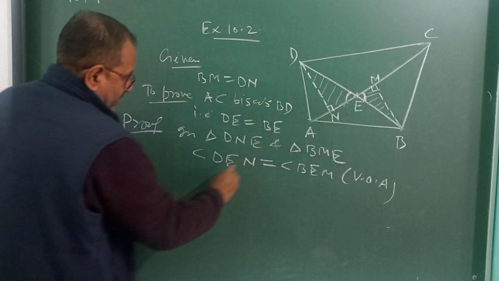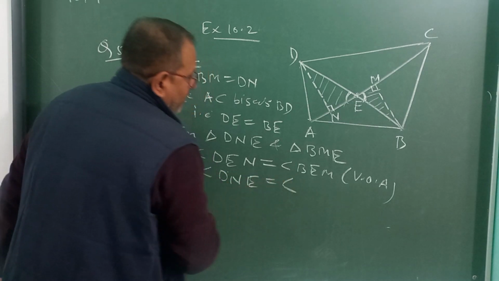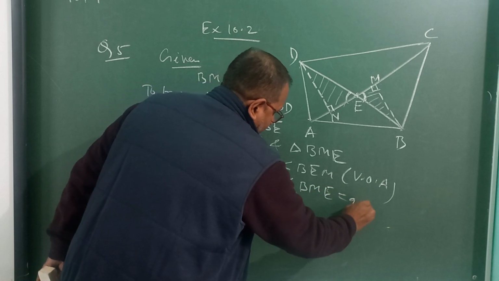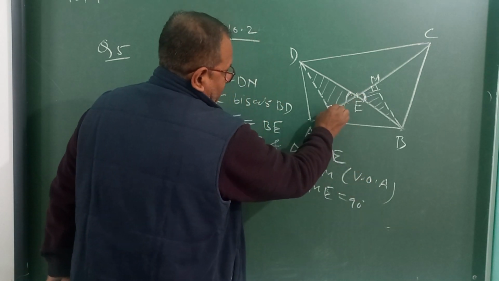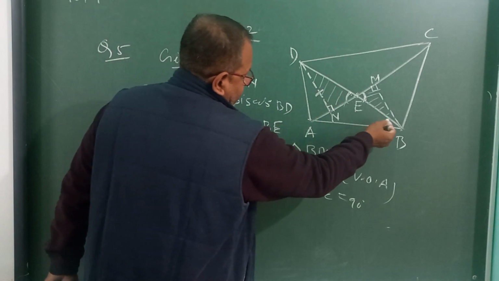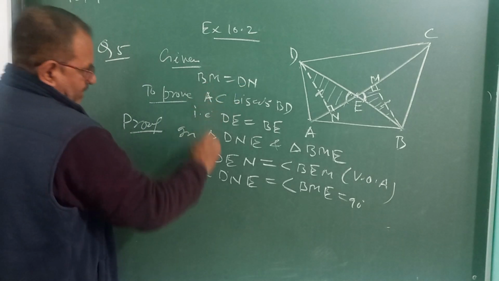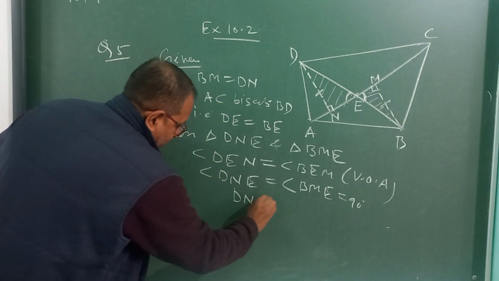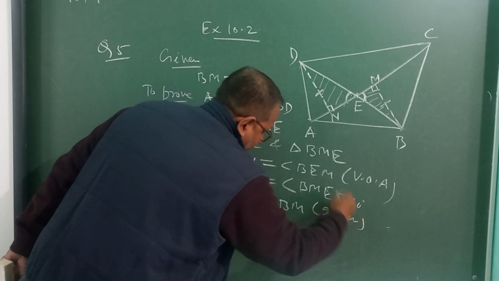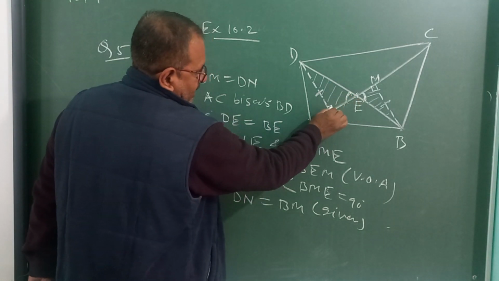Then write 90 degrees: angle DNE is equal to angle BME, 90 degrees. So two angles are equal, and one side, DN and BM, is given equal. DN is equal to BM. So we can see angle, angle, side.